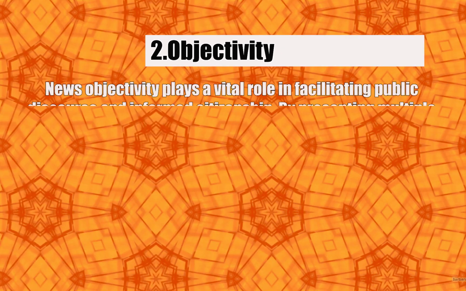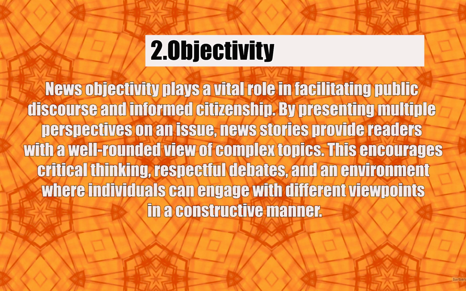Furthermore, news objectivity plays a vital role in facilitating public discourse and informed citizenship. By presenting multiple perspectives on an issue, news stories provide readers with a well-rounded view of complex topics.